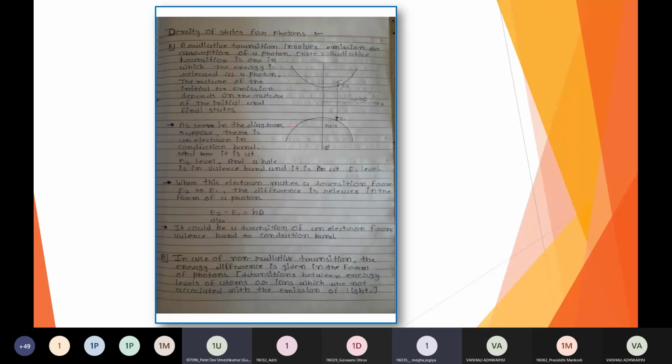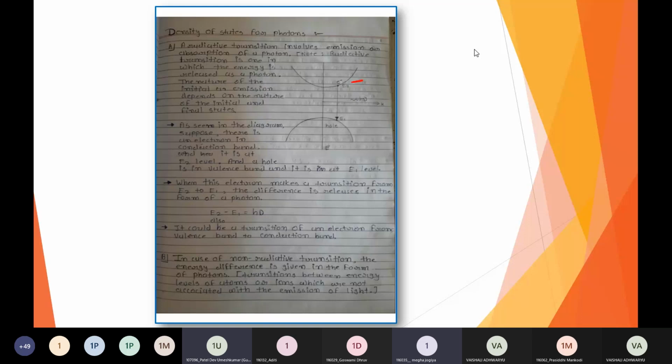As seen in the diagram, suppose there is an electron in conduction band and it is at E2 level. E2 level માં conduction band માં એક electron છે અને એની energy E2 છે. હવે એ electron E2 માંથી E1 માં જશે જે એનર્જી લેવલ વેલેન્સ બેન્ડમાં છે, સો એ h nu જેટલી એનર્જી રિલીઝ કરશે.